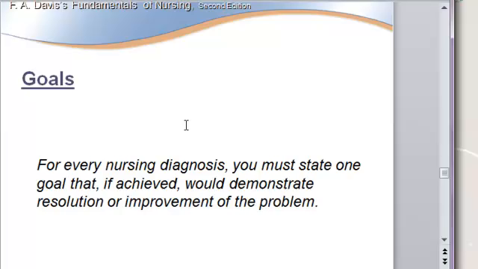That's the performance criteria, with a pain rating on a scale of less than 8 by 12 noon today. So that would be an excellent goal for that patient for that nursing diagnosis, and I've incorporated all of the components of a goal statement in that.